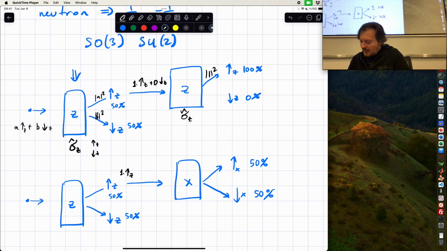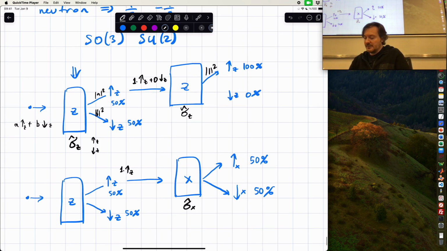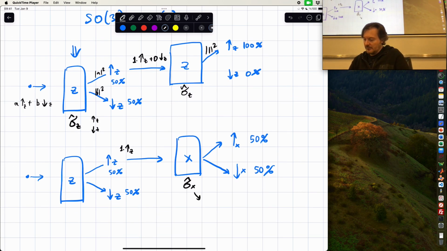But now you are measuring sigma x, okay? And its eigenvectors are up x and down x, okay? So you need to represent this in terms of up x and down x. And if you do that, you will see that it's up x over square root 2, down x over square root 2.